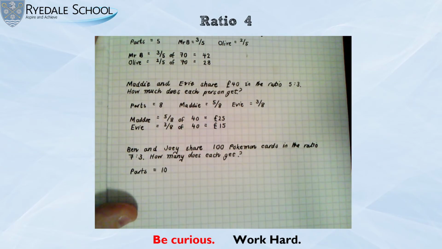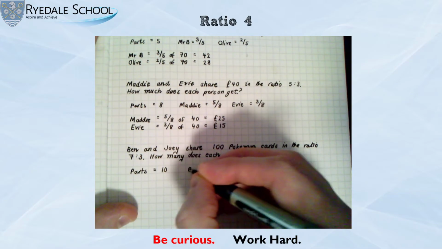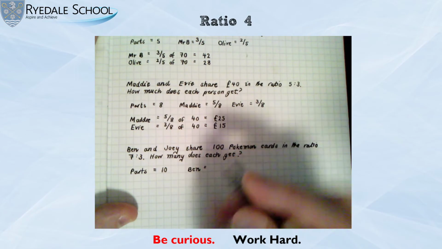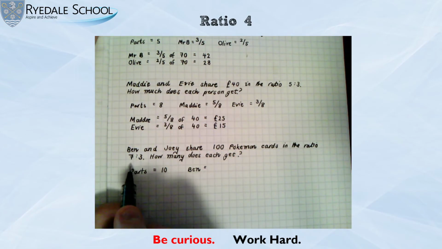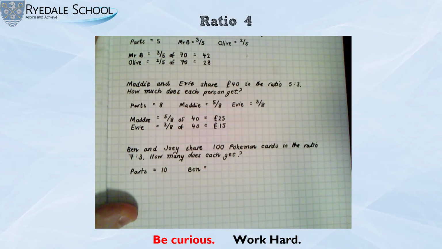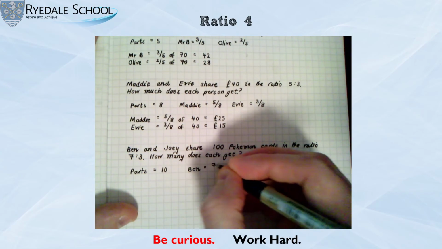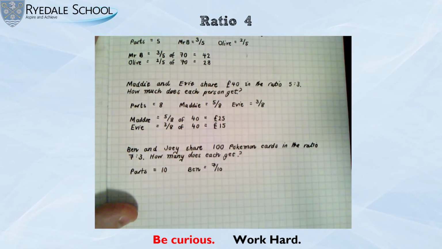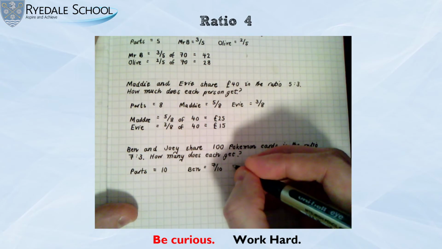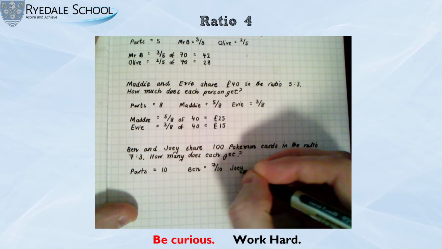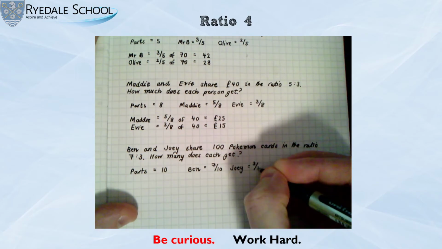What proportion do you think Ben gets? Well, since Ben's name comes first, he is the 7. So he gets 7 out of those 10 parts. And Joey only gets 3 parts, which is 3/10.